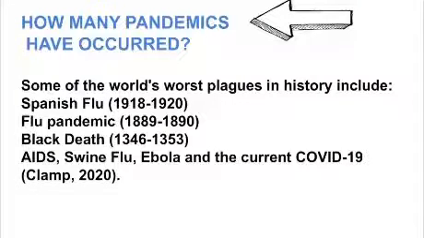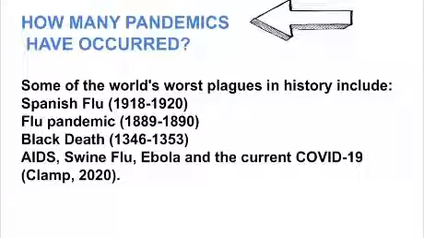There are quite a few pandemics that eventually occurred in the history of the world. Some of the world's worst plagues in history include the Spanish flu, which happened from 1918 to 1920. The flu pandemic happened from 1889 to 1890.